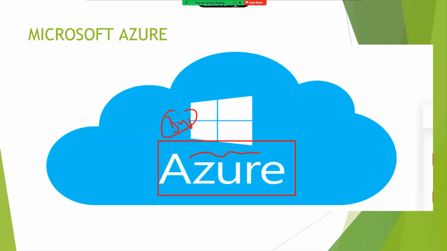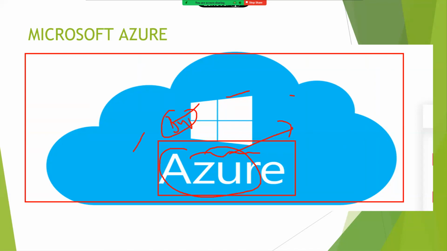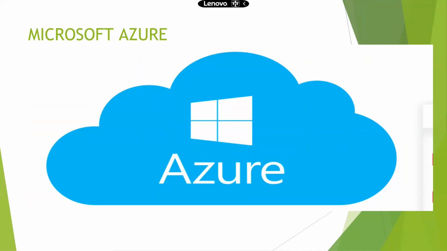The sky is in blue color, and on top of it we can find clouds. Am I right? So that's why the initial logo of Azure is a blue color cloud. Azure, in the generic sense, exactly means blue color sky. So that's why Microsoft initiated this word.